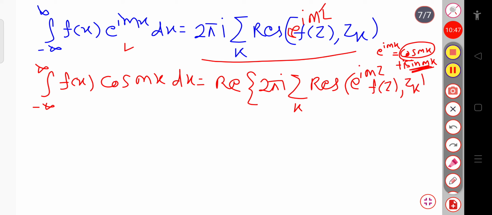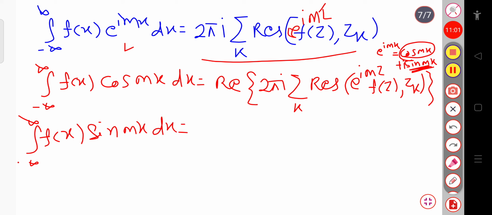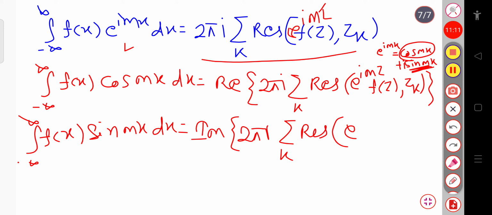Similarly, the integration from minus infinity to plus infinity of f of x sin mx dx will be the imaginary part of 2 pi i times the sum over residues of exponential imz f of z at the point zk.